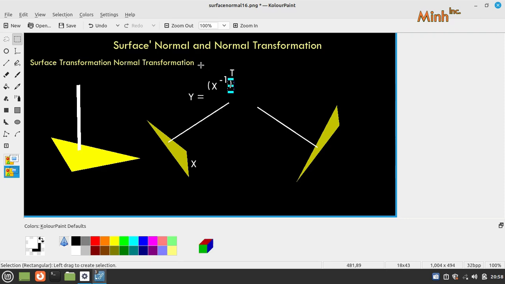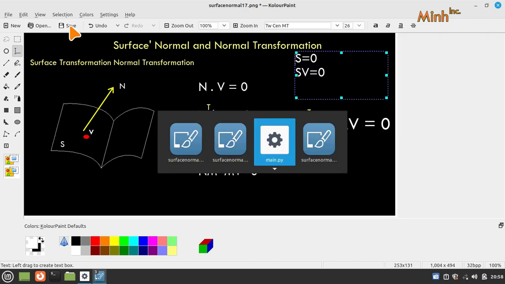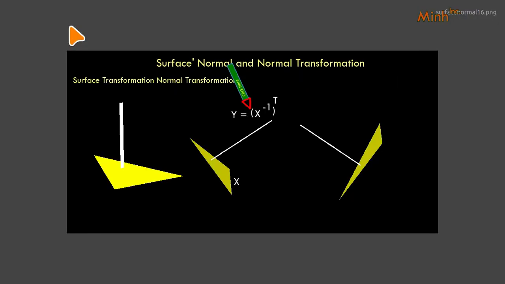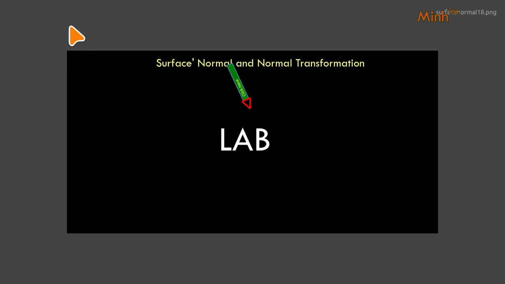So Y is the new transformation matrix, and it moves like this. That is the scenario.